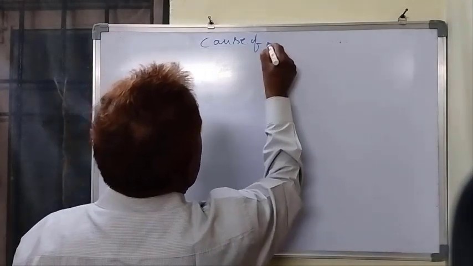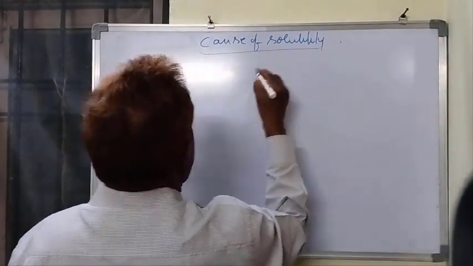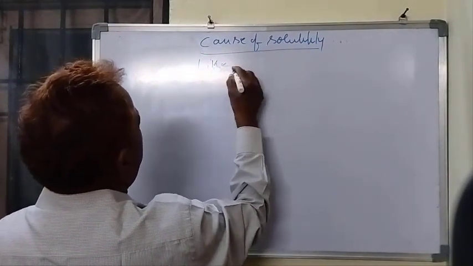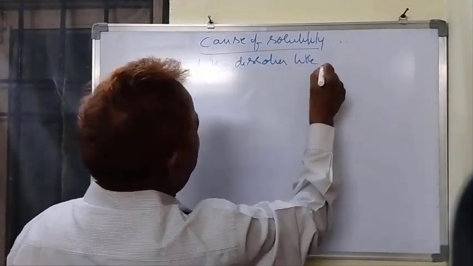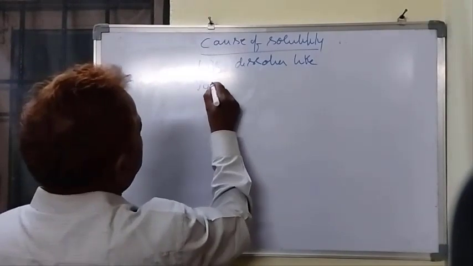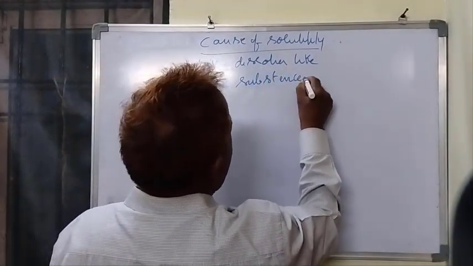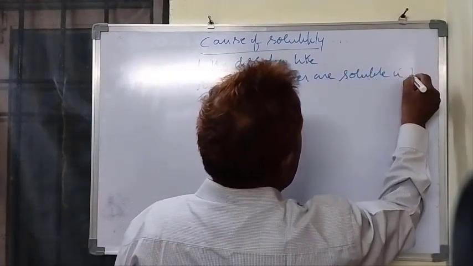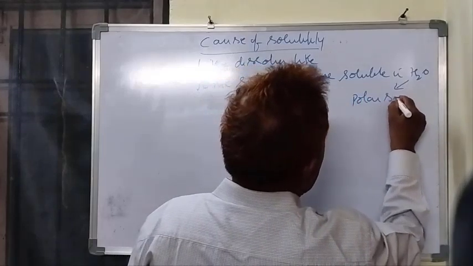Now, the cause of solubility. We already studied in chemical bonding, like dissolves like. Like dissolves like means ionic substances are soluble in water. We know that water is a polar solvent.